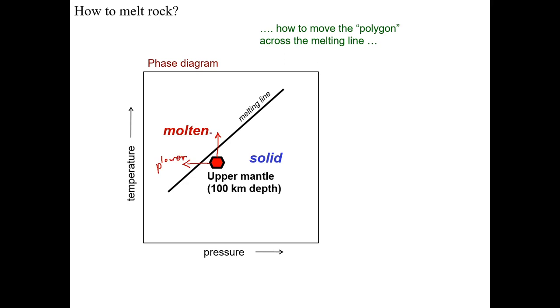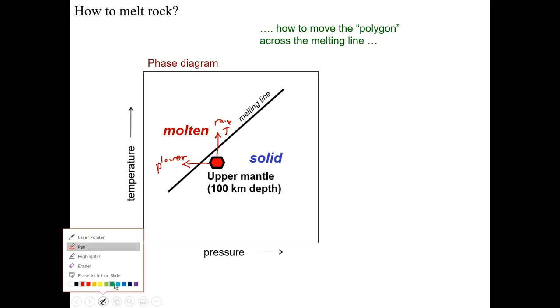So we can lower the pressure, or we can raise the temperature, raise T. Those are 2 ways to melt the mantle, and they totally work. It's kind of hard to believe, but you can melt a rock without changing the temperature, just by lowering the pressure. That's pressure-induced melting.